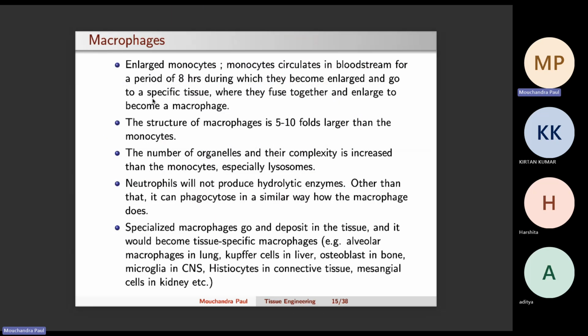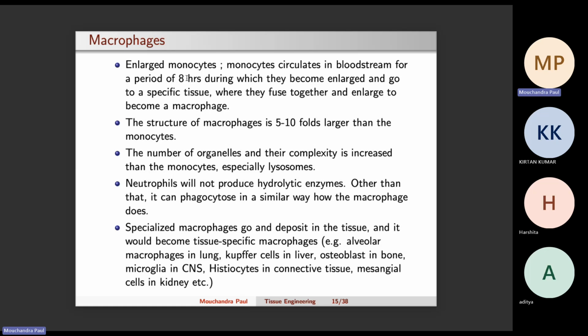Now, what are macrophages? Just briefly, macrophages are nothing but enlarged monocytes. As soon as monocytes are formed and mature in the bone marrow, they come into circulation and move around for around 8 hours before many of them fuse together.